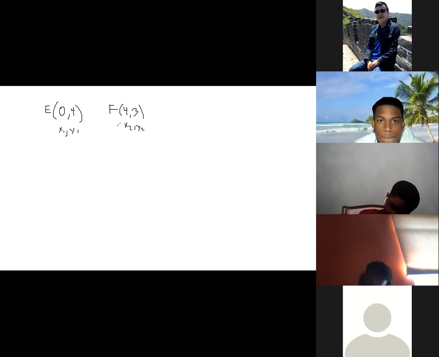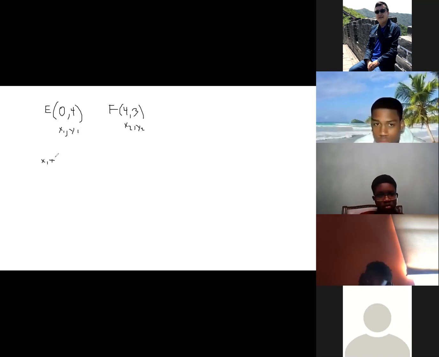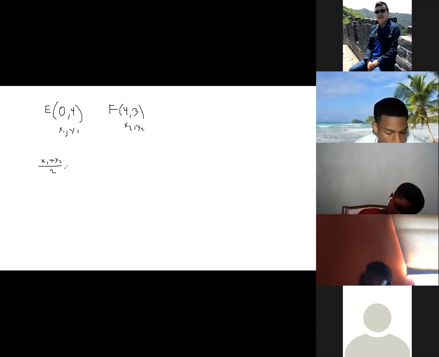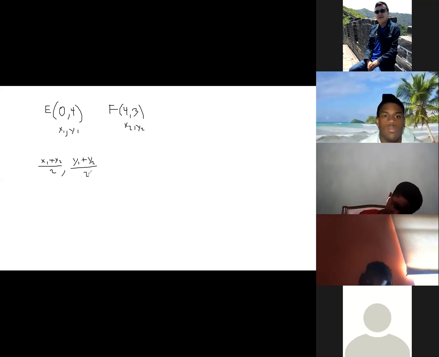And so the midpoint formula says the midpoint between these two points is x1 plus x2 over 2, comma, y1 plus y2 over 2. So that would be the coordinates of the midpoint.